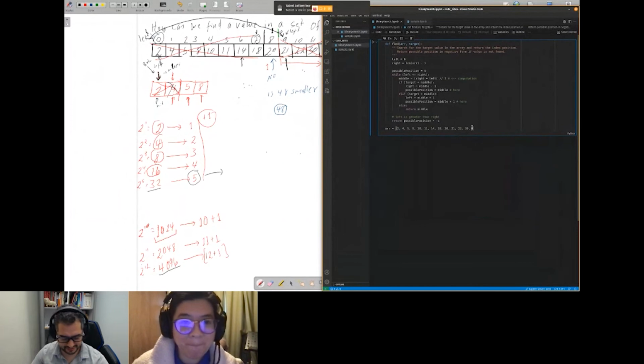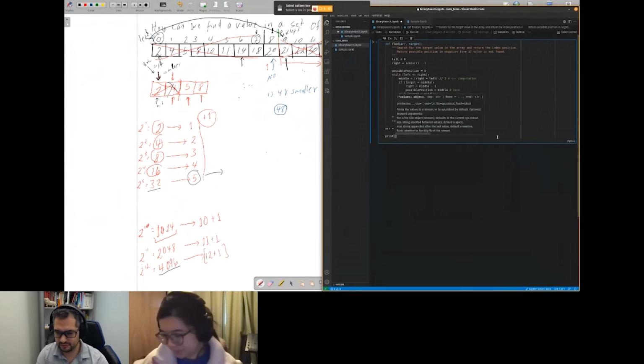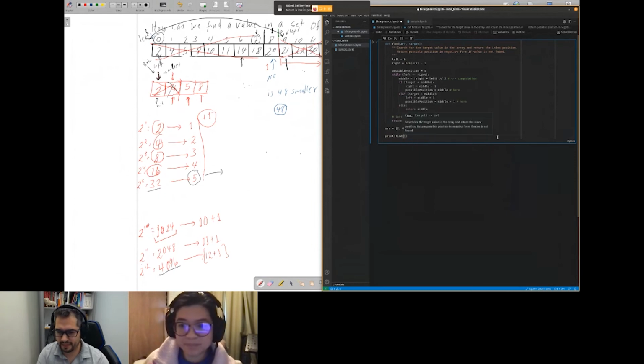I'll just throw 1 in there for good measure. Let me pick a value that is in there first, and I'm taking the array first.